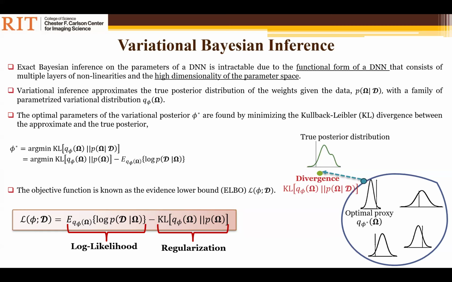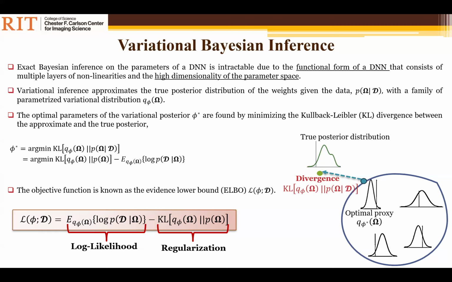And the second term is the KL divergence between the variational or parametric distribution that we assume and the prior distribution, which we also know, because we also impose an assumption about our prior distribution. So the second term is more of a regularization on the unknown parameters, omega, and the first term depends on the data. So we want to optimize this objective function.